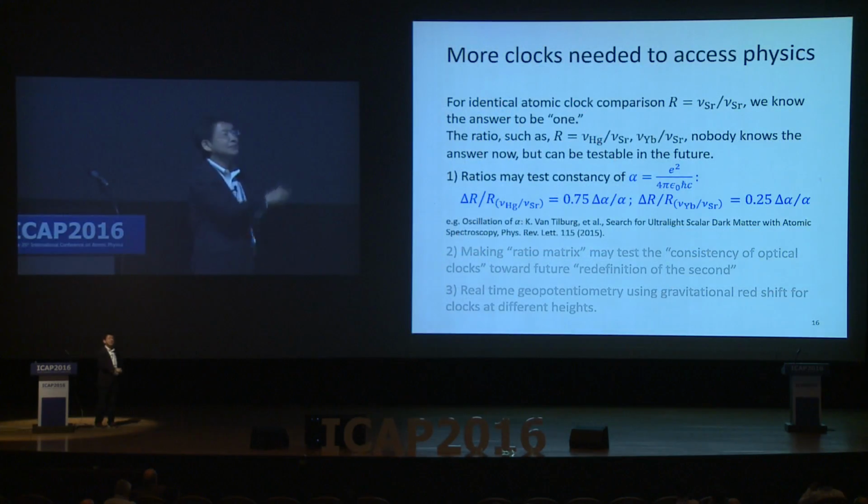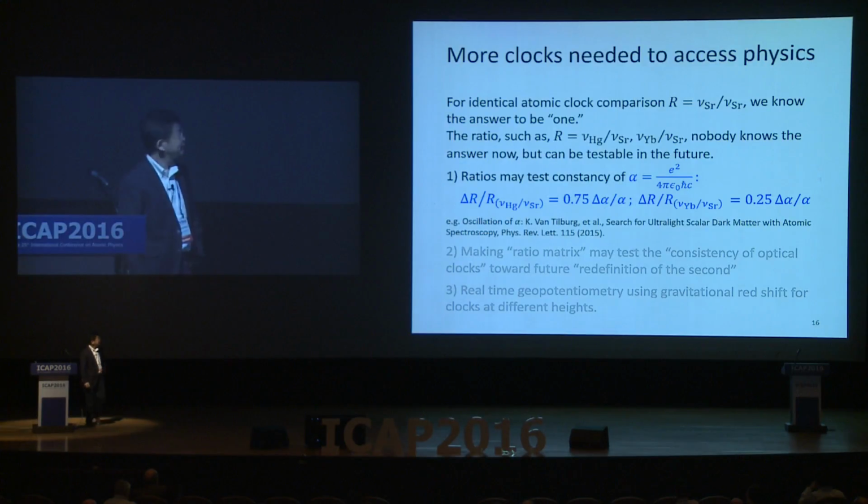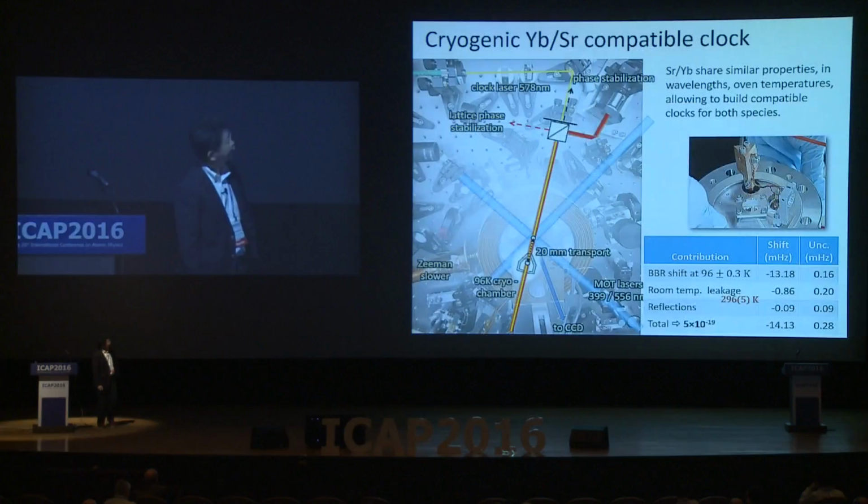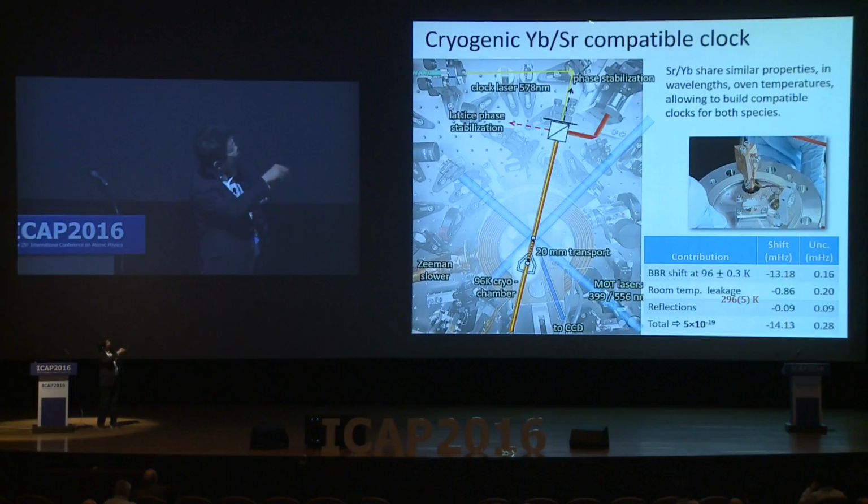So more clocks are needed to access physics. For example, by measuring the ratio with different atomic elements, we can say something about the variation of fundamental constants. For example, we developed a cryogenic Yb clock also.